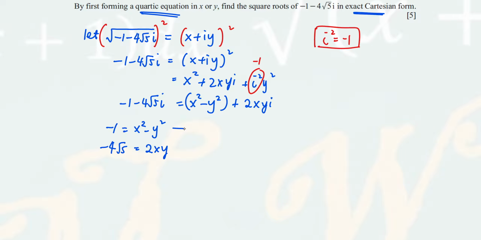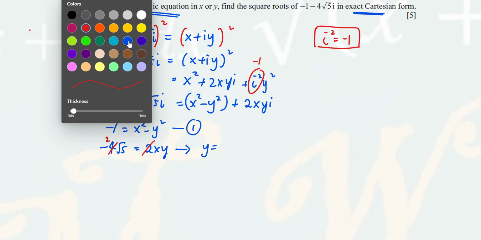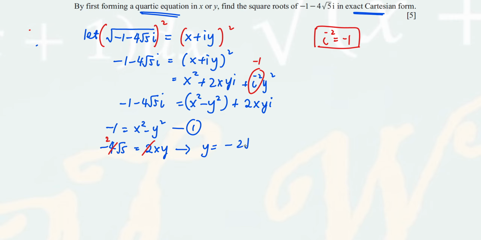So from here I get y as the subject. The 2 and 4 will be simplified, so y becomes -2 square root 5 over x. This is my second equation.